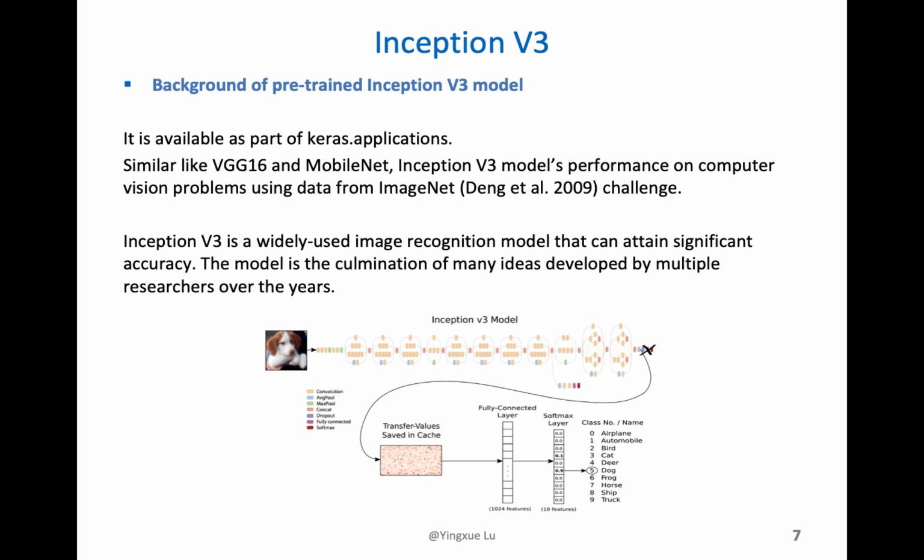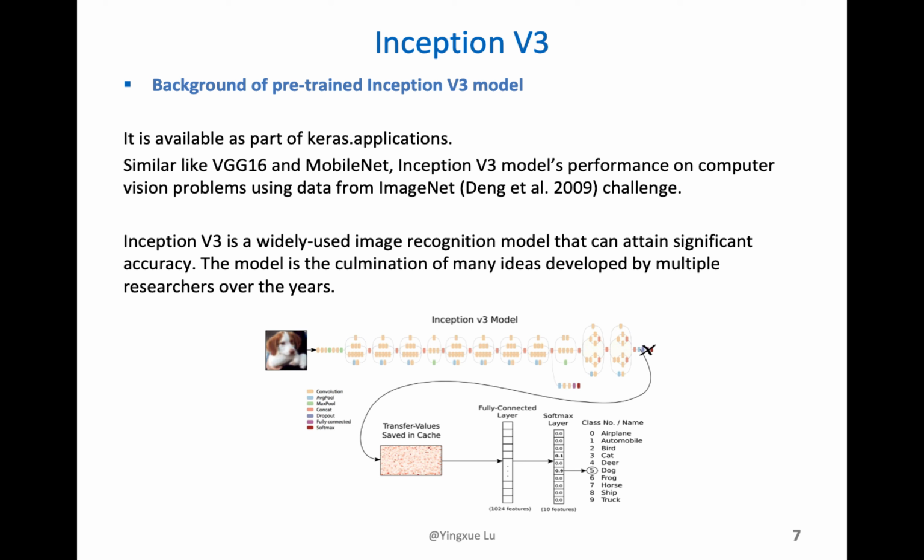The model that I retrained is Inception V3, so here is a little background on the Inception V3 model. Similar to VGG16 and MobileNet, those are based on the ImageNet challenge. Google released the Inception V3 model, I think 2 or 3 years ago.